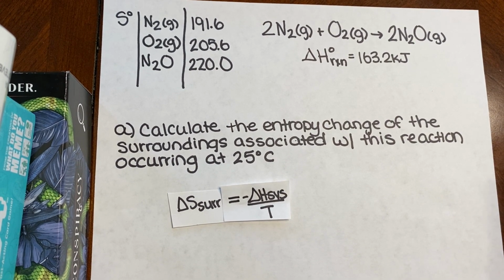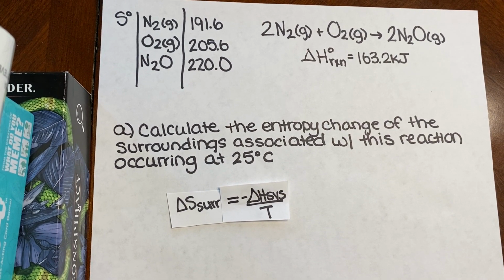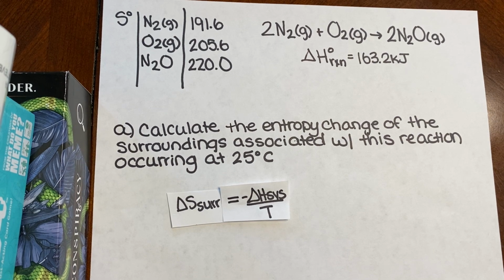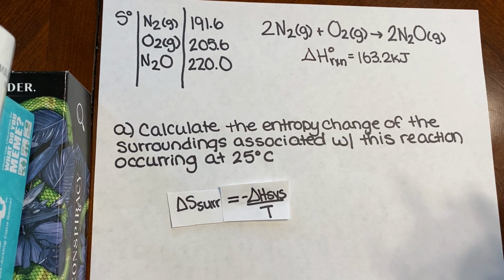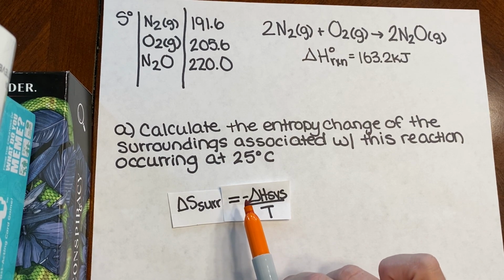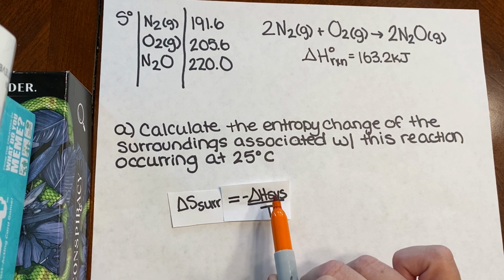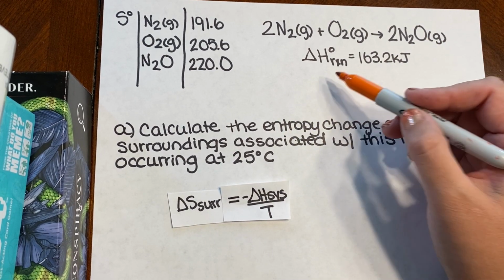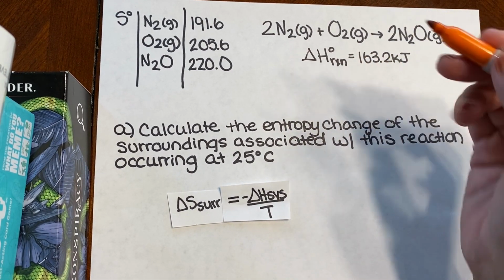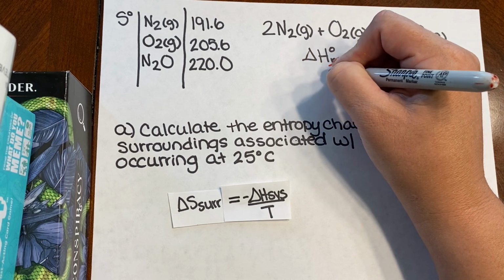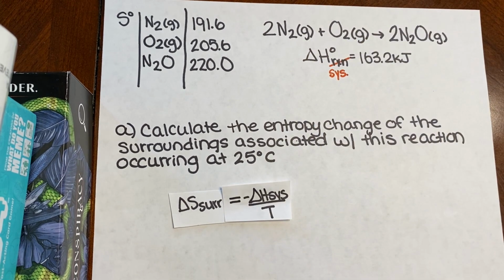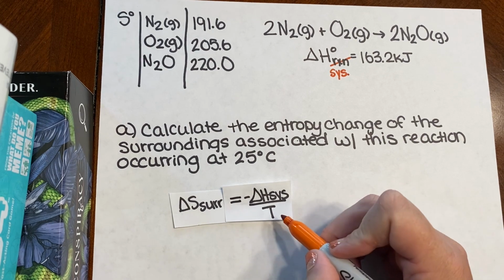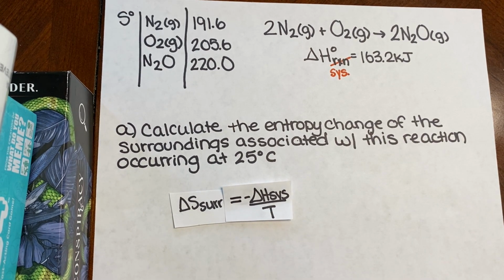So let's go ahead and calculate it. First, our delta S of our surroundings is equal to negative delta H of our system, or in this case, our system is our reaction. So this could also be our system. They're the same thing in this case. And divide it by the temperature.